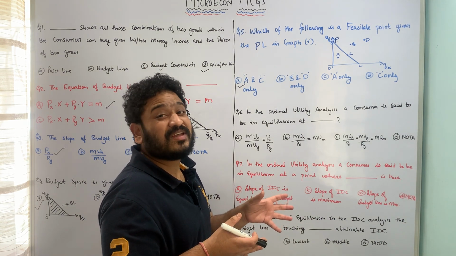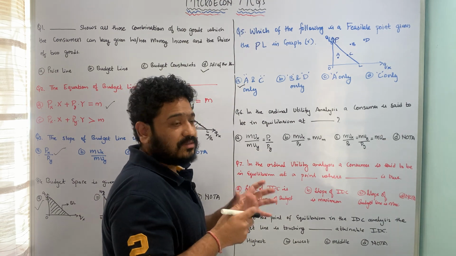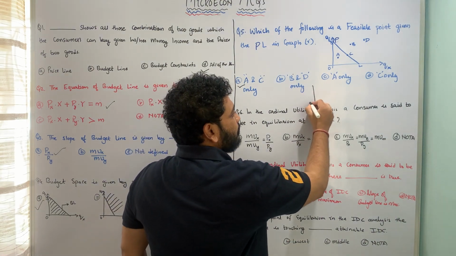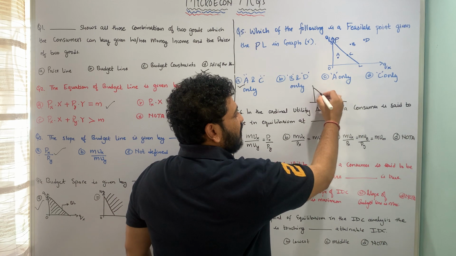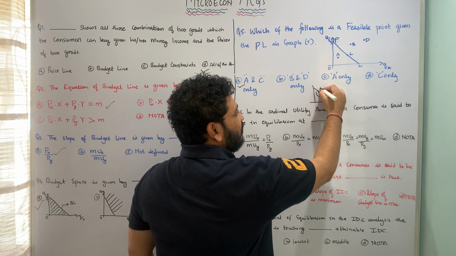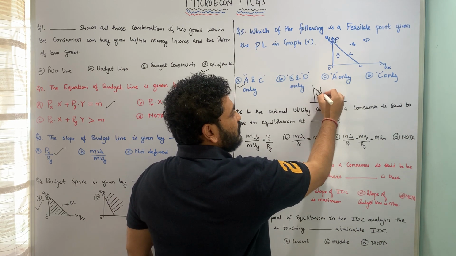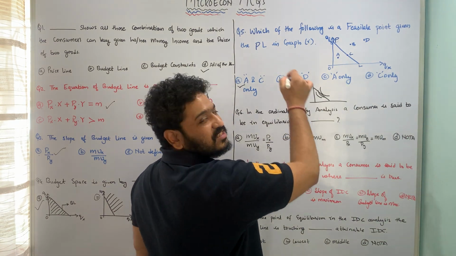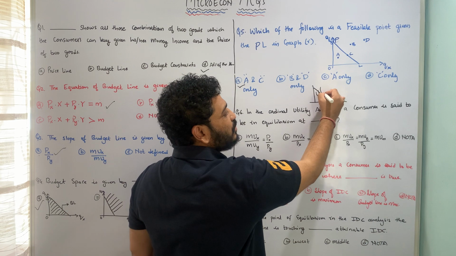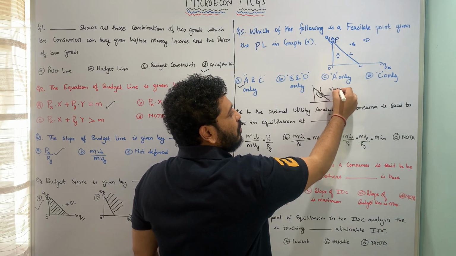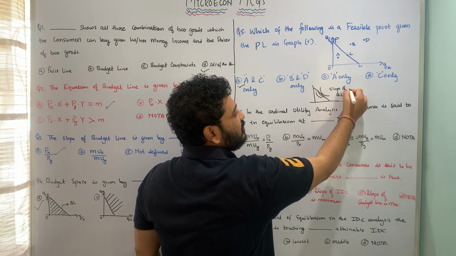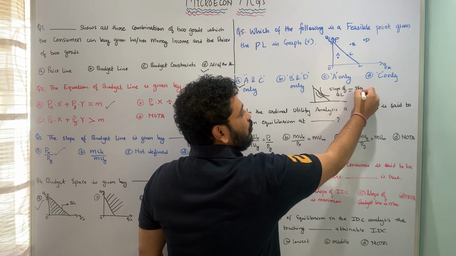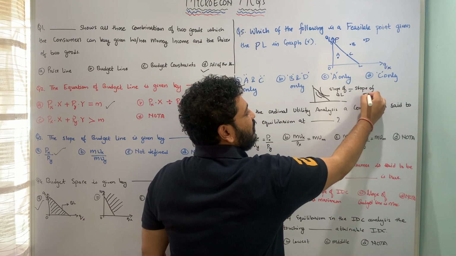Here this is my budget line and these are different indifference curves. This point is the point of equilibrium where the budget line is touching the highest attainable indifference curve, and at this point the slope of the budget line is equal to the slope of the indifference curve.